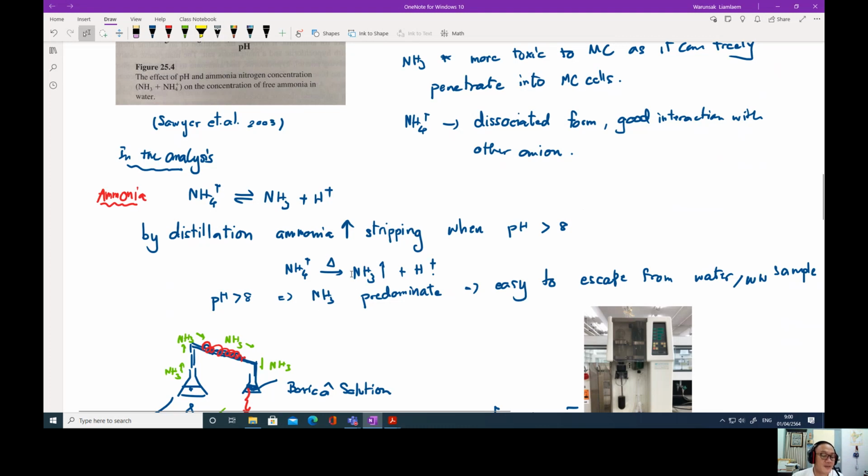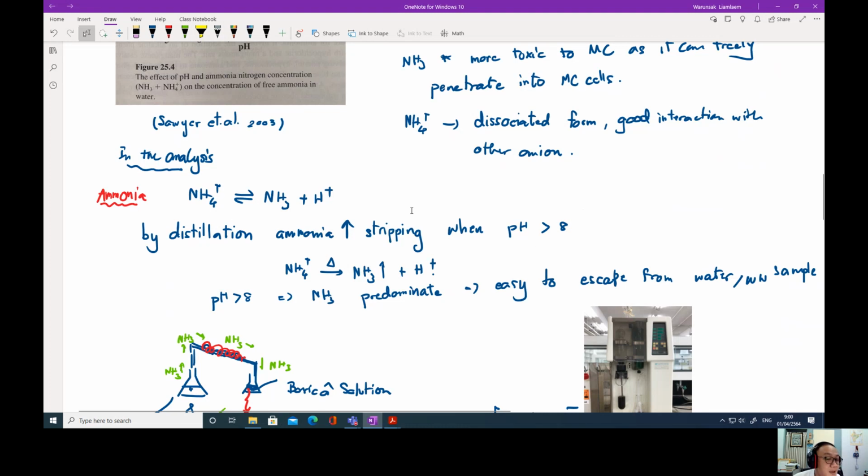But there are some constraints. Ammonia will escape only when the pH is greater than 8. Normally we maintain the pH at 9.5 or so. If the pH is getting higher, the ammonia will be present as NH3, and this form easily escapes as compared to NH4 plus.